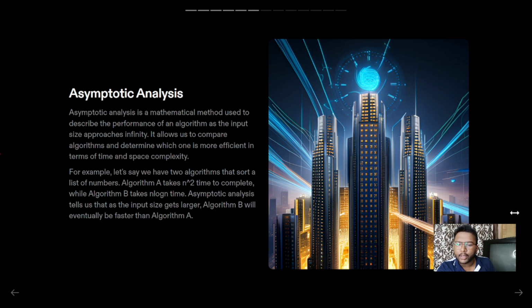So, what is asymptotic analysis? Asymptotic analysis is a mathematical method used to describe the performance of an algorithm as the input size approaches infinity. It allows us to compare algorithms and determine which one is more efficient in terms of space complexity.